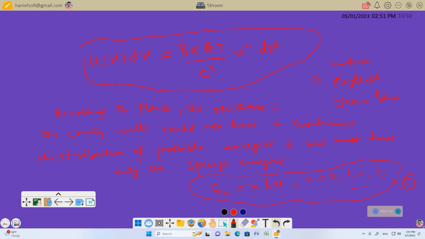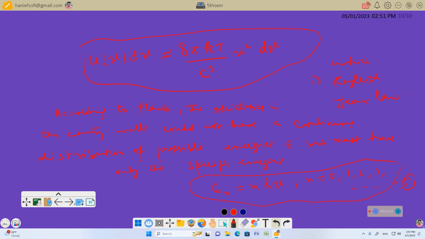So now oscillators can have either h nu or 2h nu or 3h nu or 4h nu. In between values are not possible.